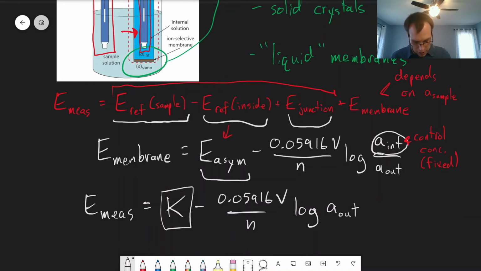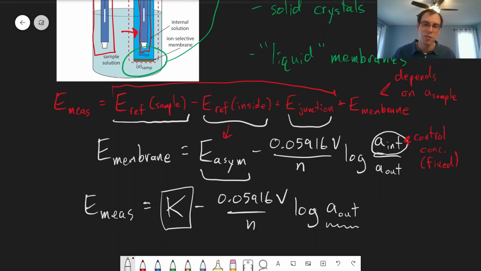And we end up with the potential depending only on the activity in our solution. So this gives us a linear relationship between the measured potential and the concentration of our species in solution, or more accurately, the activity of our species in solution. This is the general idea behind how we can measure the concentration of a species in solution using an ion selective electrode. We need these two other reference electrodes to measure the potential across this membrane.